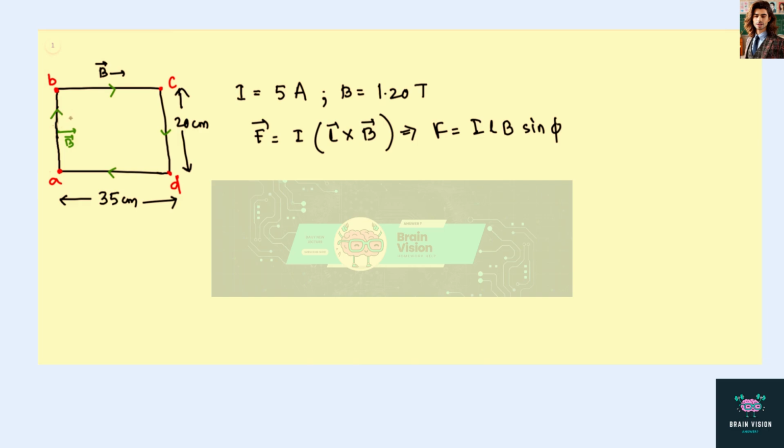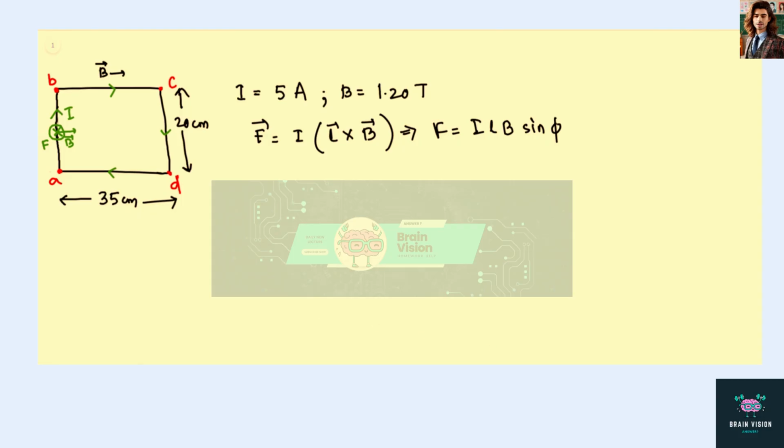Now, this is the direction of current. This is the magnetic field. Then we apply the right hand rule to find the direction of force. And if you see, the force goes into the plane of the screen. So let's mark it by this. So this is the direction of force.